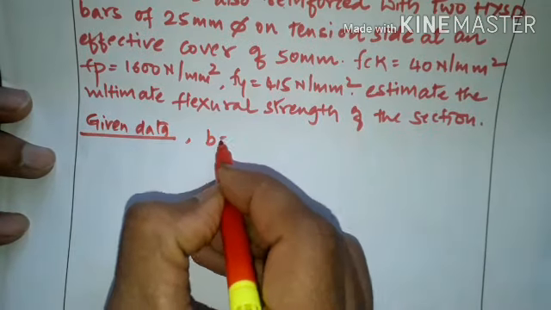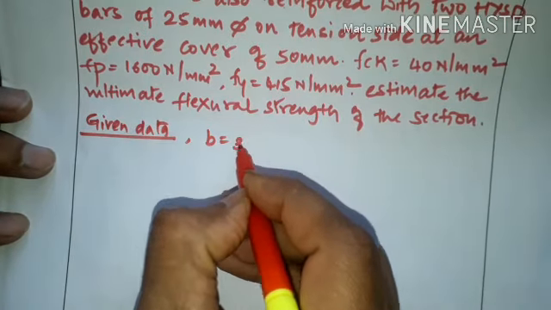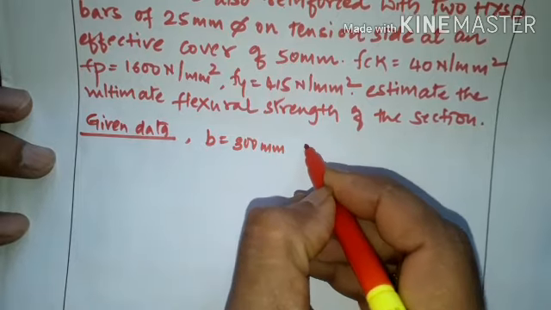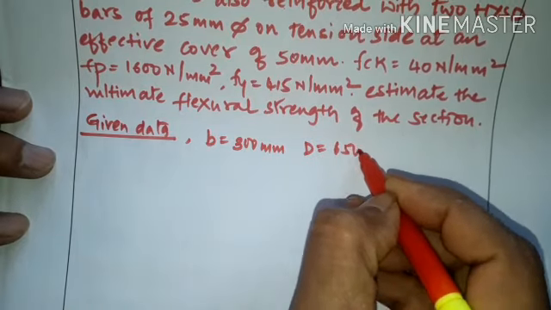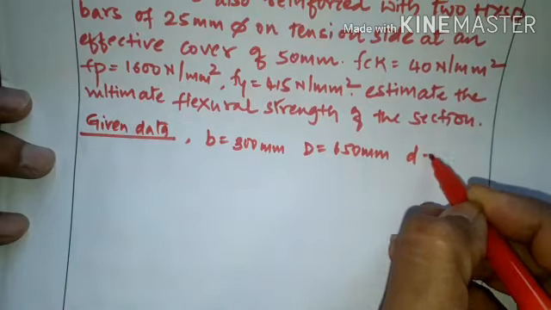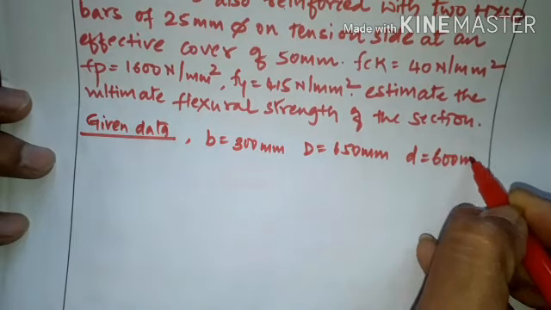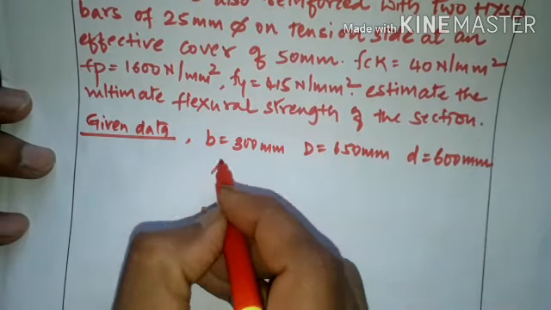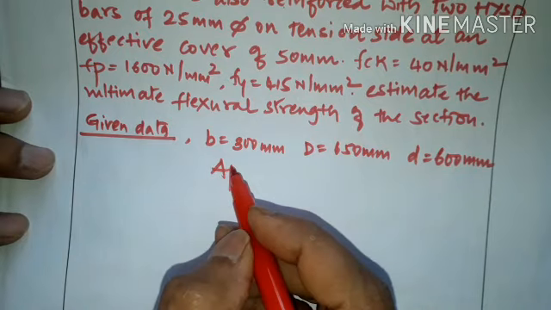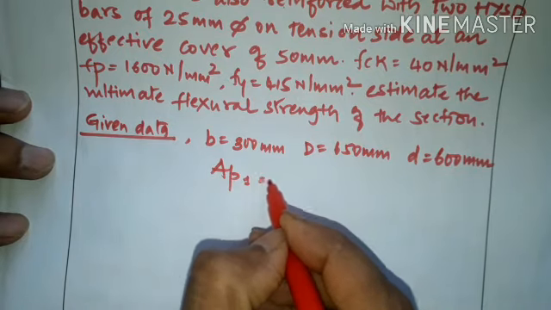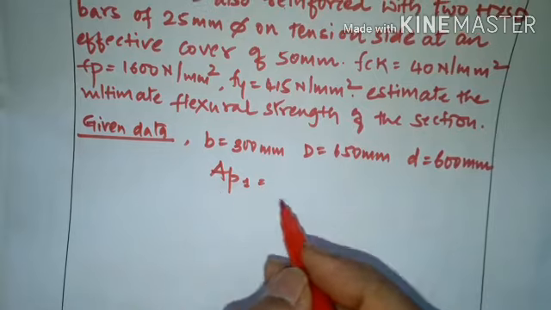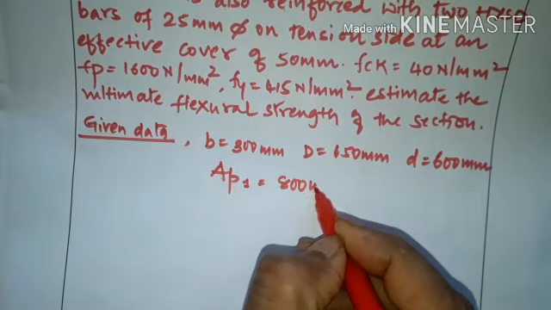So B is given as 300 mm, the capital D is given as 650 mm, the small d is given as 600 mm. The area of pre-stress I will write as AP1, because bars are given again. So 800 mm square.